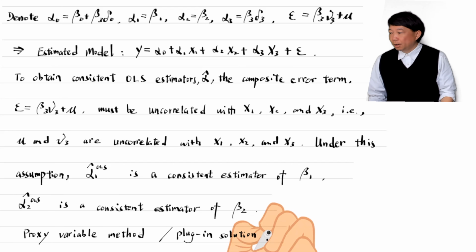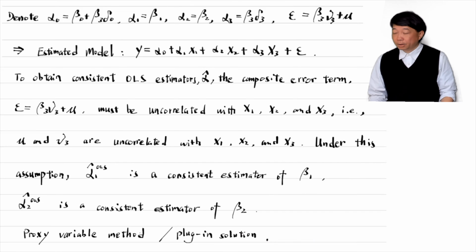After controlling for the proxy variable in the model, the remaining variation in the omitted variable will not be correlated with the explanatory variables in the model. Therefore, the OLS estimators are unbiased and consistent, and the omitted variable bias is eliminated.